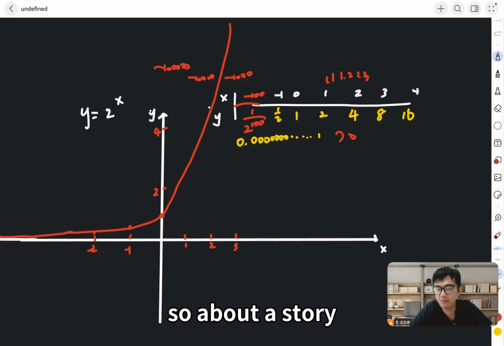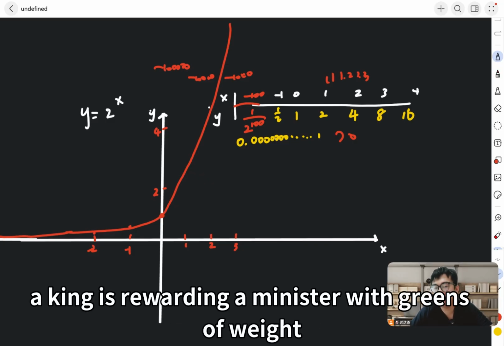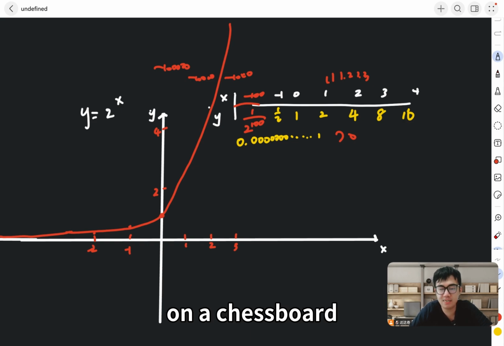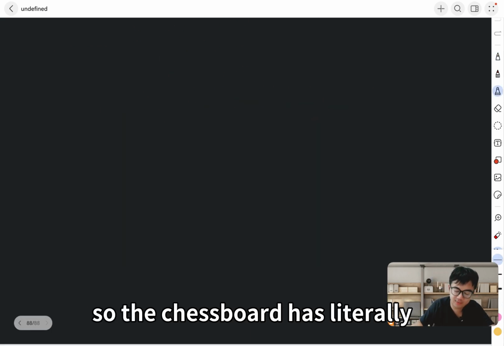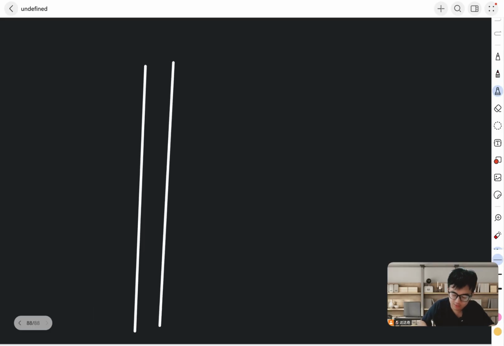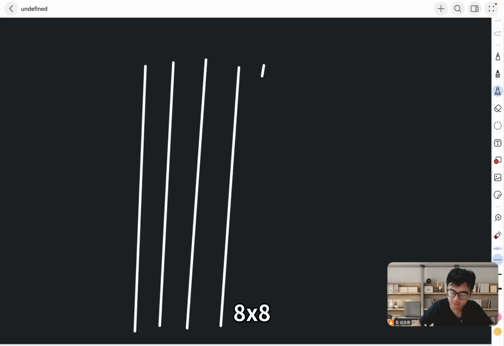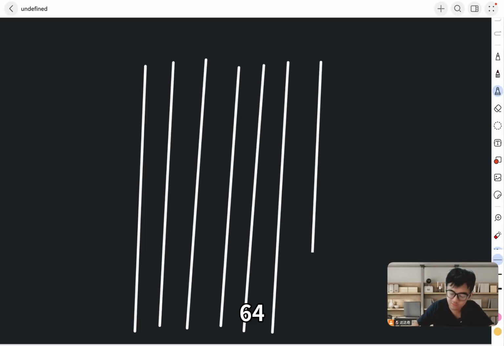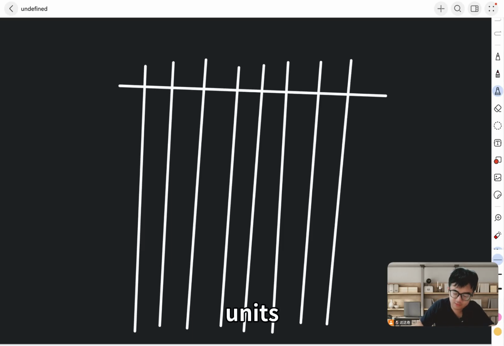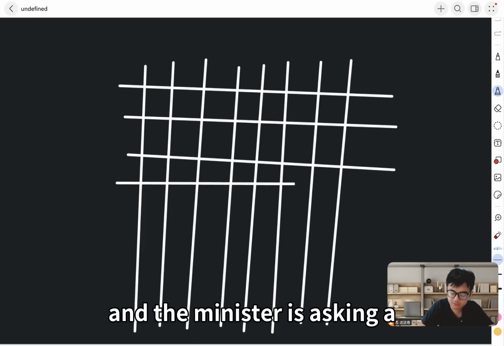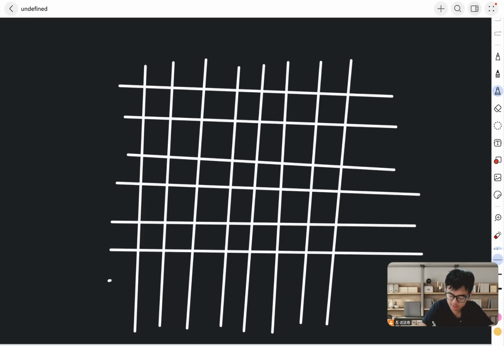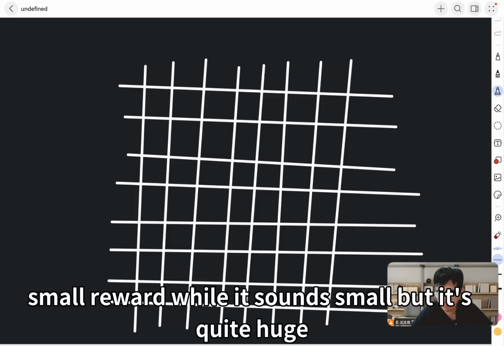So about the story, a king is rewarding a minister with grains of wheat on a chessboard. The chessboard has 8 times 8, 64 squares. And the minister is asking for a small reward. Well, it sounds small, but it's quite huge.